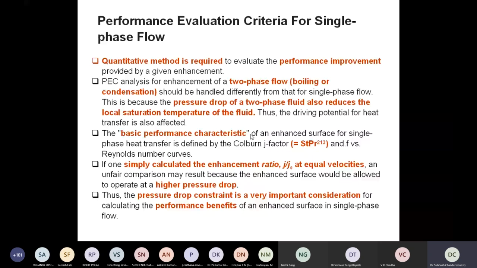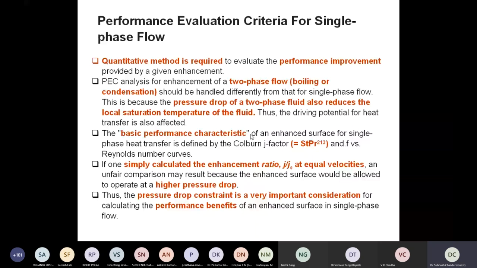Those things are well discussed in the literature. The Colburn J factor is the product of Stanton number and Prandtl number to the power of about 2/3. This is a well-established relationship, which I'm not going to discuss here in detail because I presume that most of the participants are from the heat transfer side and have a thermal background.